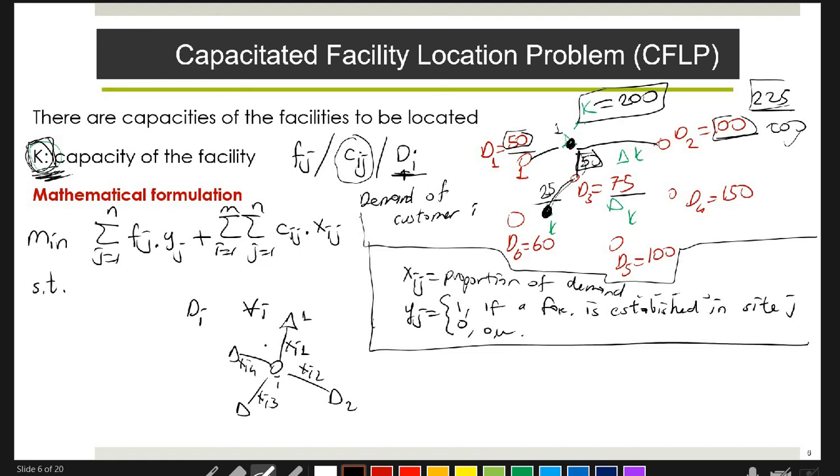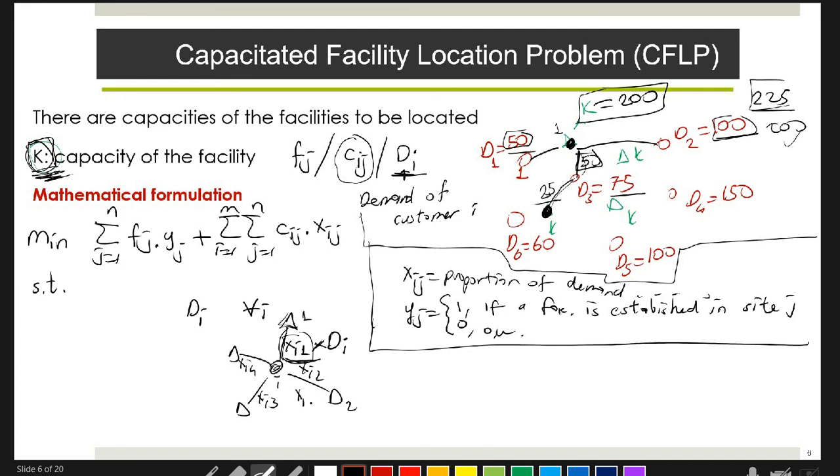Then what should we write? The Xi1 multiplied by Di. This Xi1 is the proportion, right? And multiplied by its demand, it gives us the number of units that are sent to this customer from this facility.